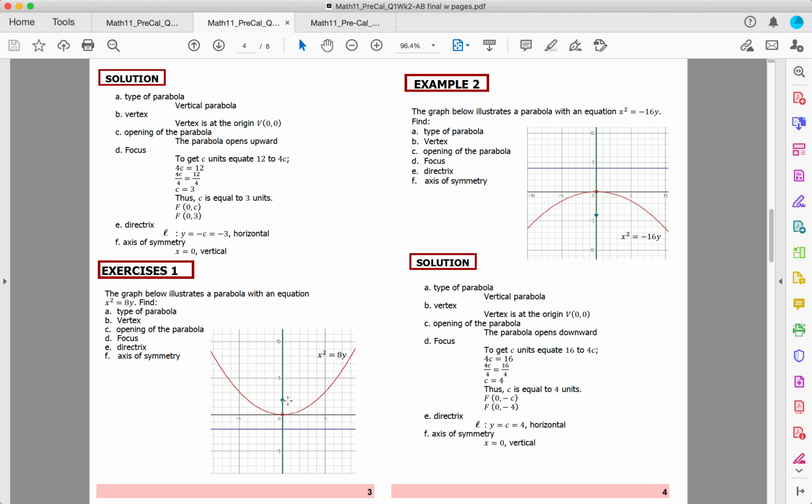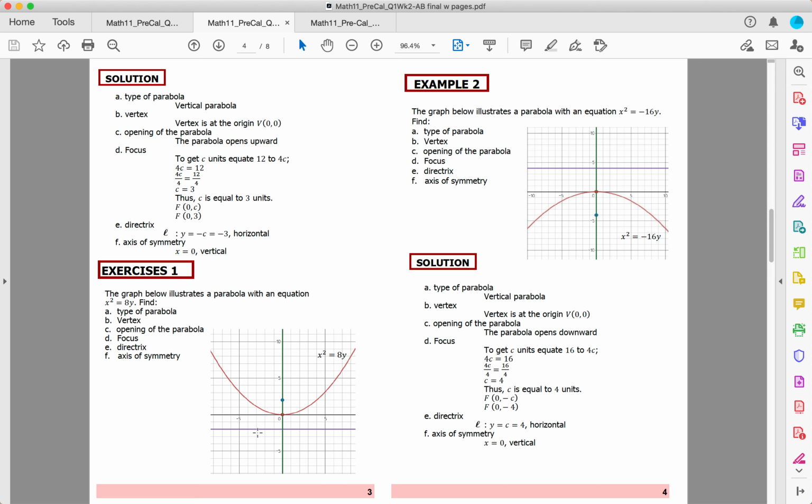So if the distance from the vertex to the focus is 2 units, 2 units is also the distance from the vertex to the directrix. That's why you have this line here, which is 2 units below the vertex. Unlike your focus, your directrix is a line. Focus is a point. So to get the focus, you get the coordinates, which is 0, 2.